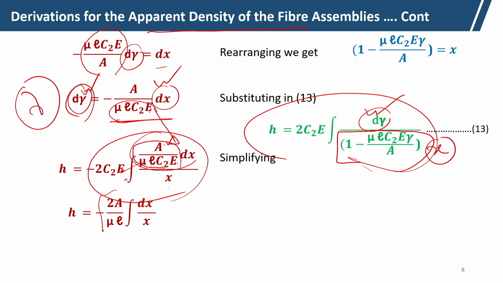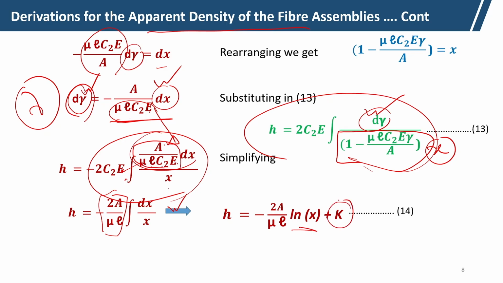Now, it will remain minus 2a by mu L dx by x. So, this is the h. Now, here you can see h equal to natural log x plus a constant. Ultimately we are getting this equation 14.